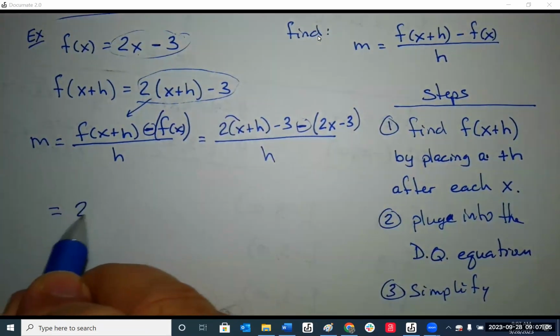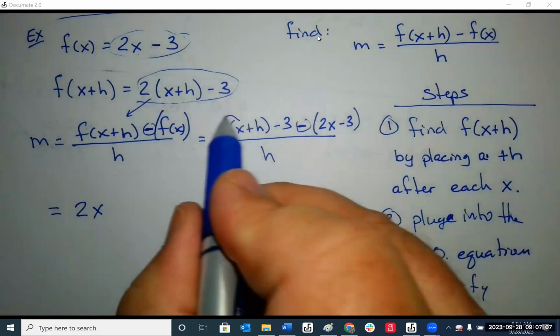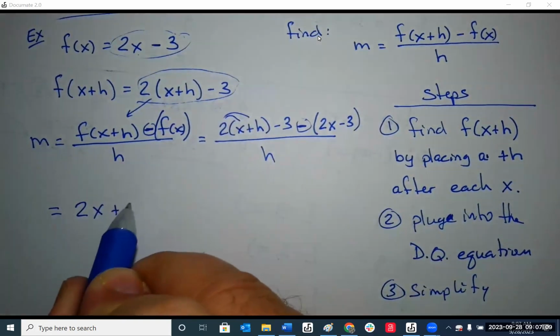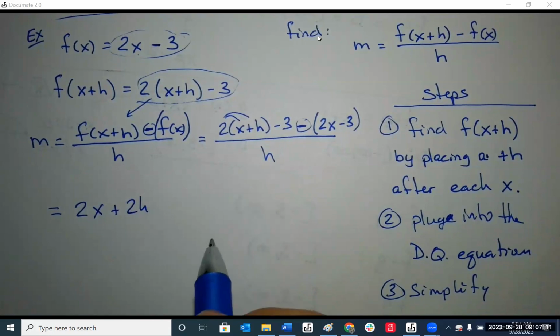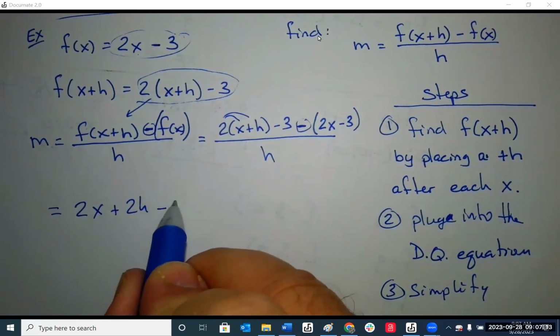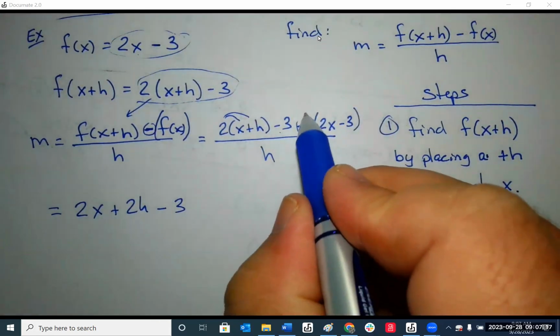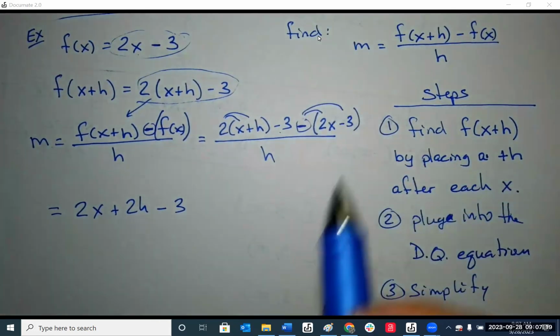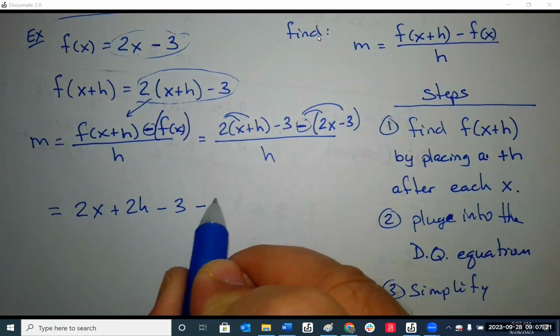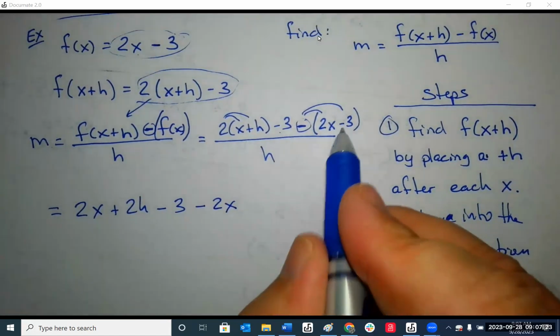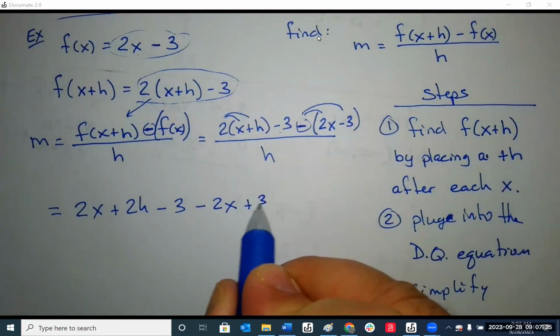2 times x is 2x plus 2 times h is 2h minus 3. This negative changes the signs of everybody inside the second parenthesis, so it becomes minus 2x and a positive 3.